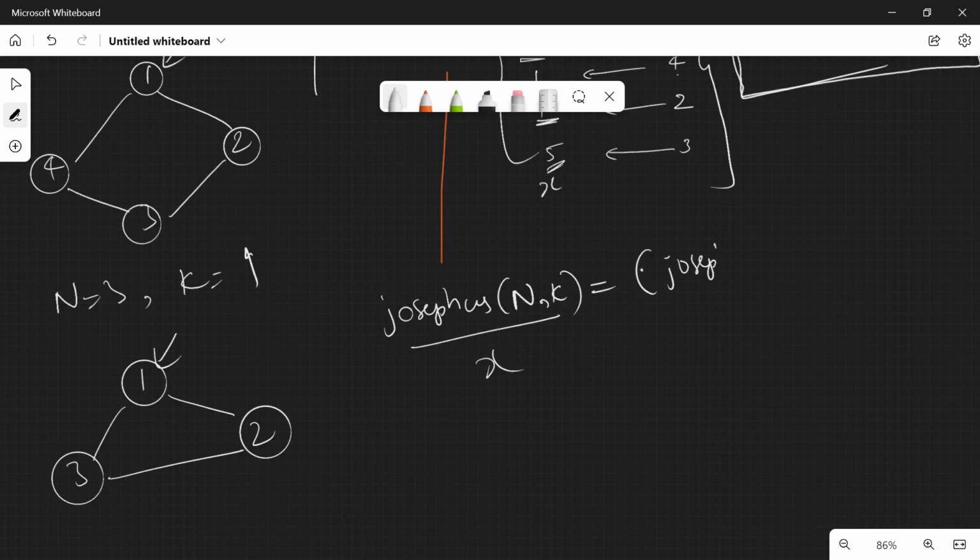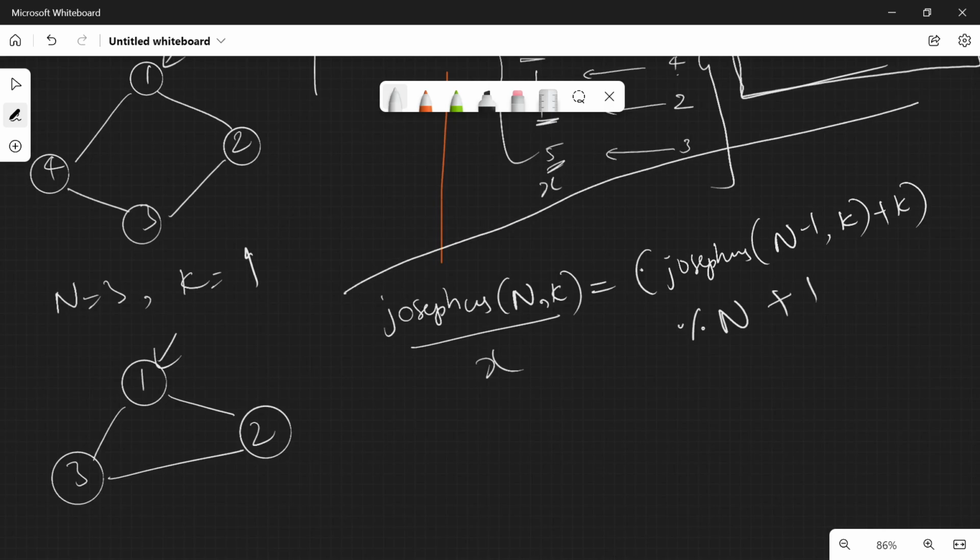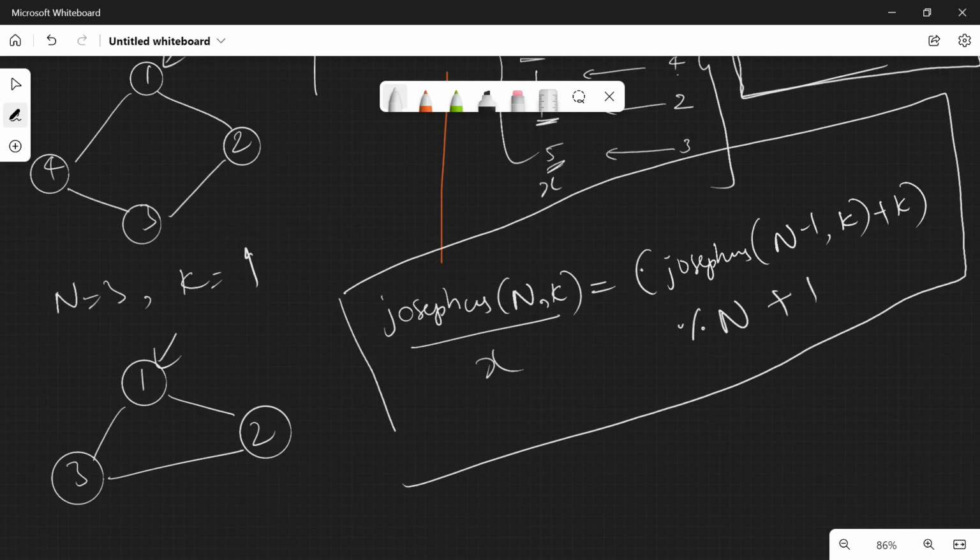Josephus of n minus 1 comma k plus k, mod n, plus 1. This is the whole equation. If you know this, you can do the Josephus problem.